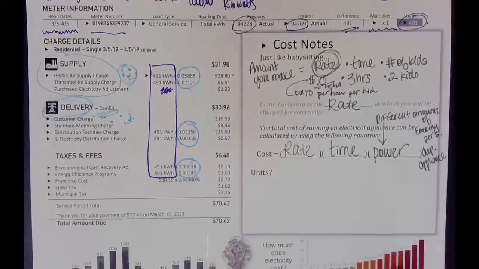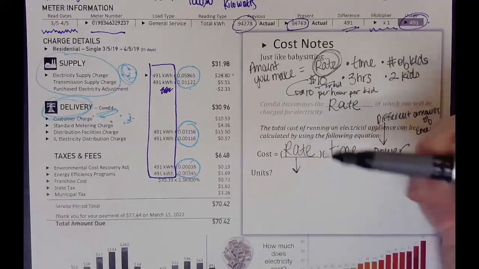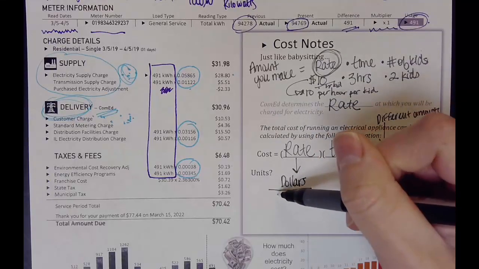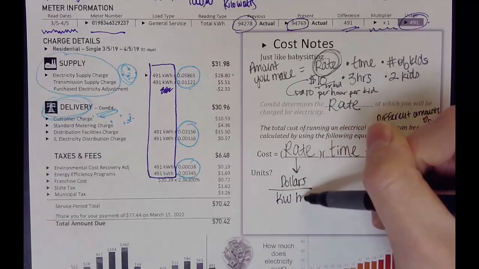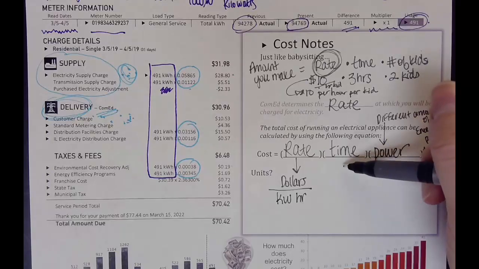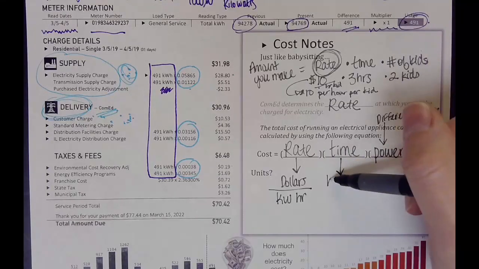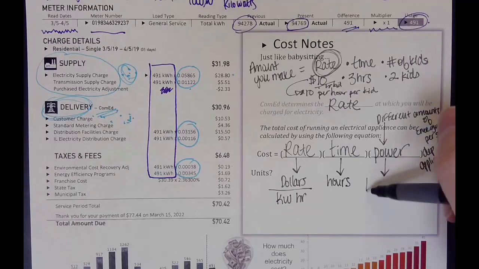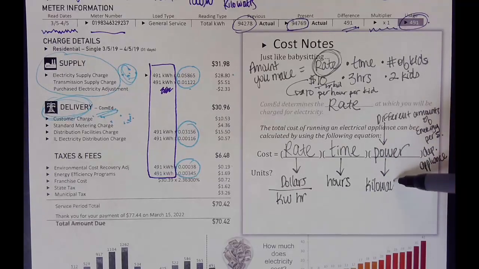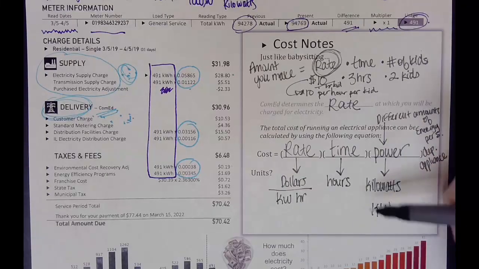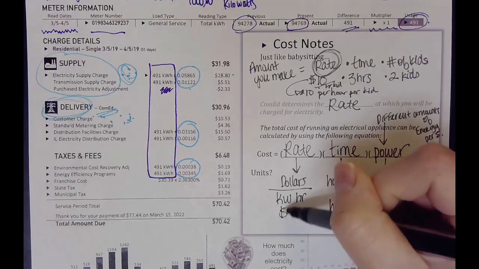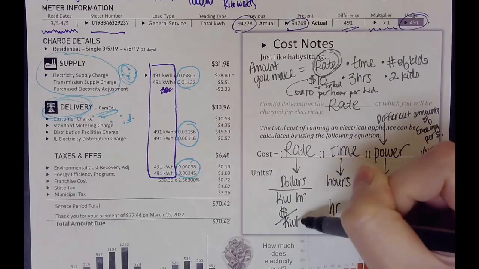And so the units for that, the rate is going to be in dollars per kilowatt hour, which tells us the time is going to have to be in hours, and power is going to have to be in kilowatts. And the abbreviations for these, again, you saw kW, HR, and this one they just use $/kWhr.